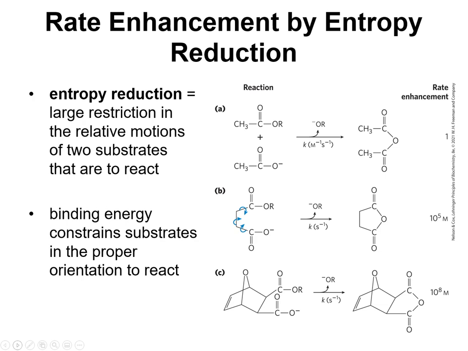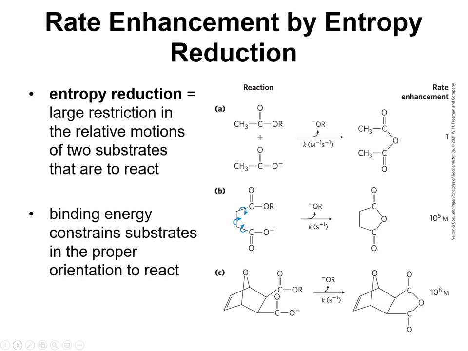We just have to do a little bit of rotating and twisting to bring them together and make the chemistry happen. Well, that's easier to do because we've only got one molecule. We just have to distort it a little bit. So we can enhance that rate even more. But let's say that we've got a substrate where everything is already in position.